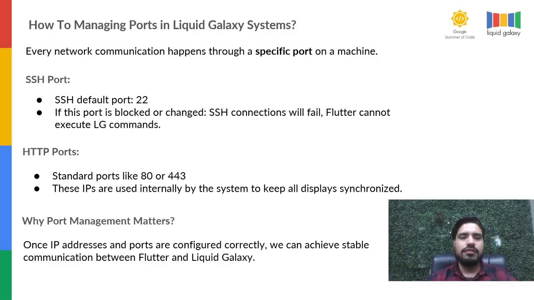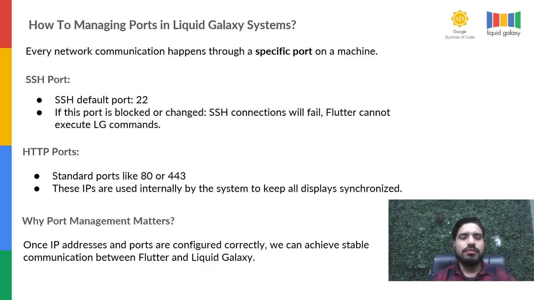Then, lastly, we will discuss how to manage ports in the Liquid Galaxy system. Every network communication happens through a specific port on a machine. For example, Liquid Galaxy operates on port number 22, which we always fill in on the settings page.